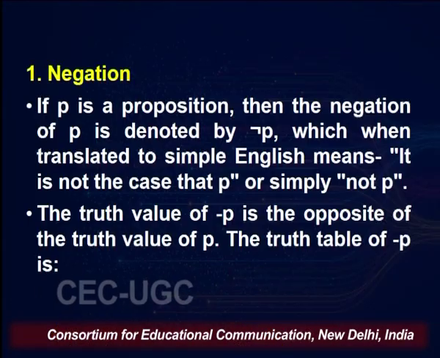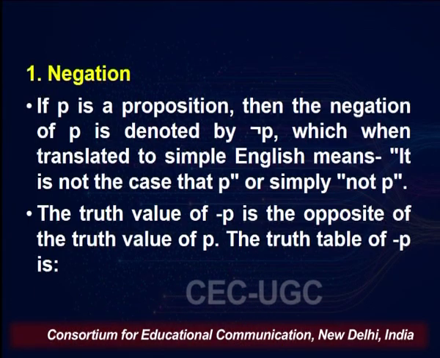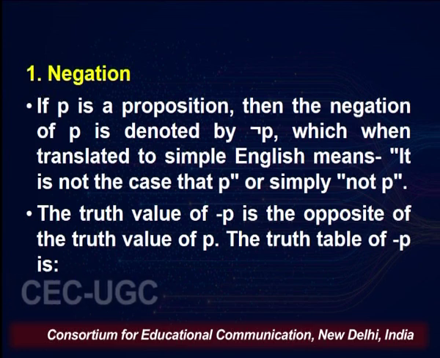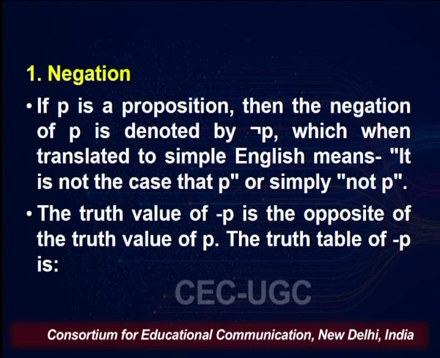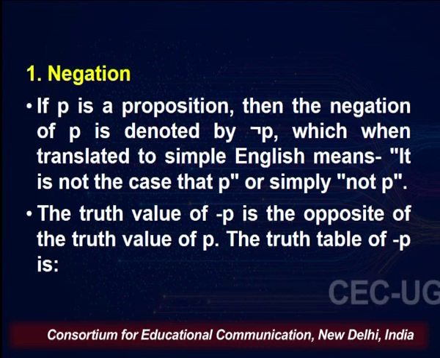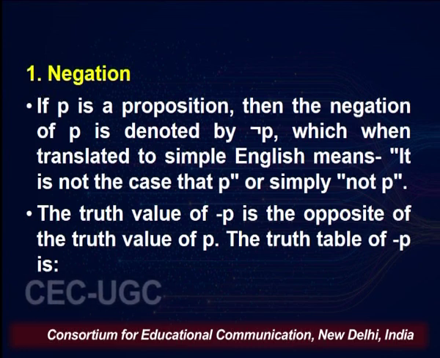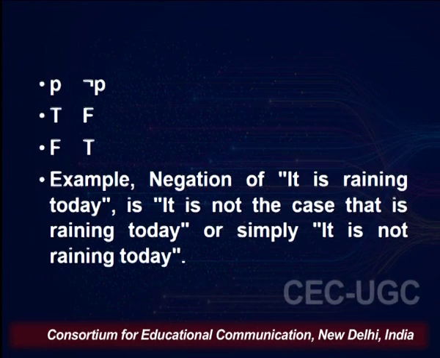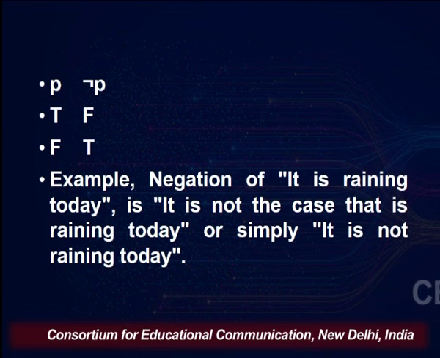When we say negation, P is a preposition, and the negation of P is denoted by the negation symbol before P. When translated, it says not P. The truth value of not P is just the opposite of the truth value of P, and the truth table, which is very simple, is shown here on the screen.